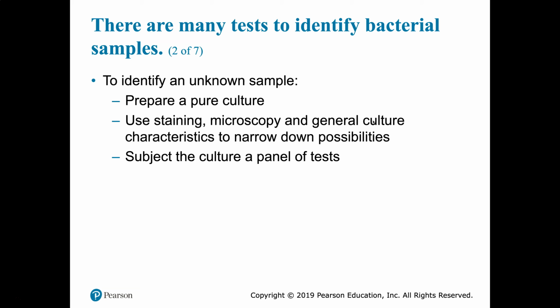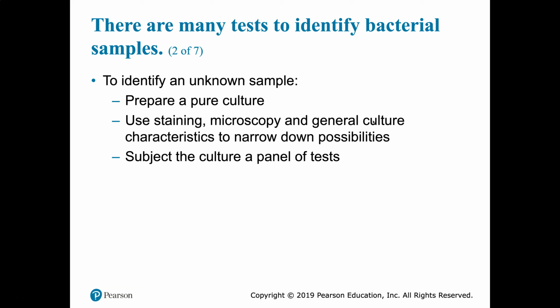So to get a pure culture, we use the streak plate method, which you've seen in lab. Streaking for isolation, streak plate method. We also use differential and selective media, as well as other tests. We can use microscopy. We can stain them: gram staining, simple staining, endospore staining, flagella staining.